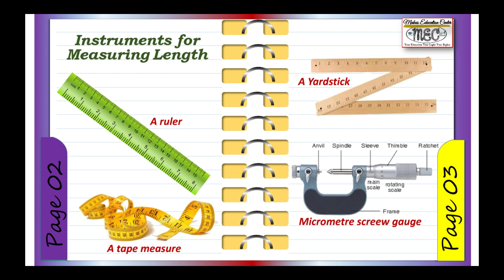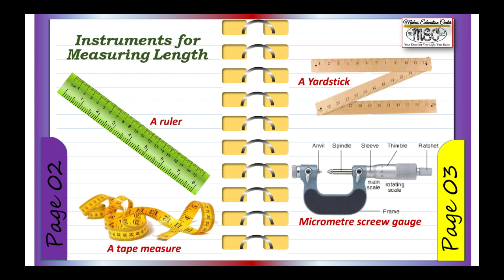All these instruments are used to measure the distance between 2 points. All these instruments are used to measure the distance between 2 objects, distance between 2 people, the distance between your home and the class, the distance between your home and the church.